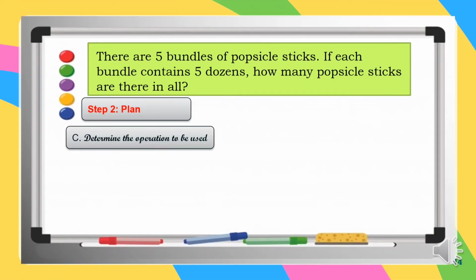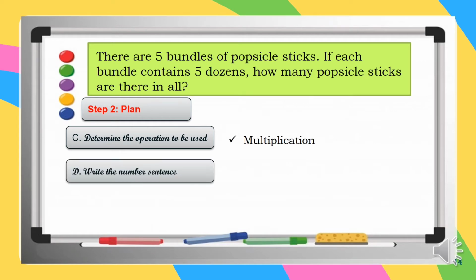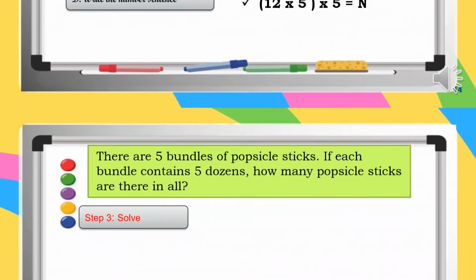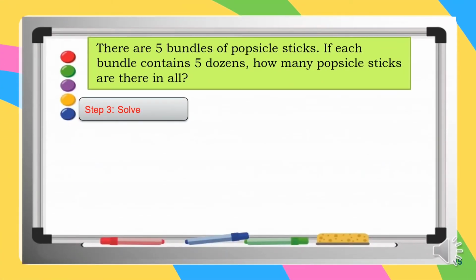Step 2 is to plan. Determine the operation to be used. So, let's use multiplication. What is the number sentence? So, let's multiply 12 and 5. After we get the product, 12 times 5, we multiply it by 5 to get n. Step 3 is to solve.